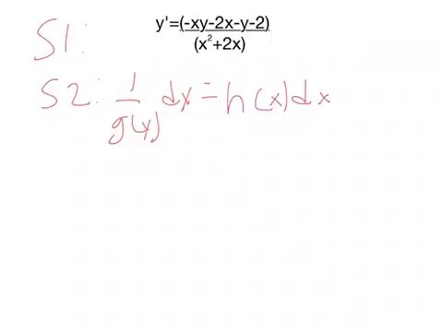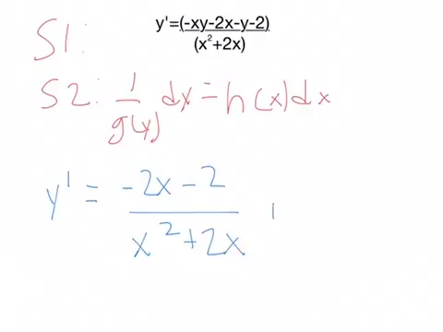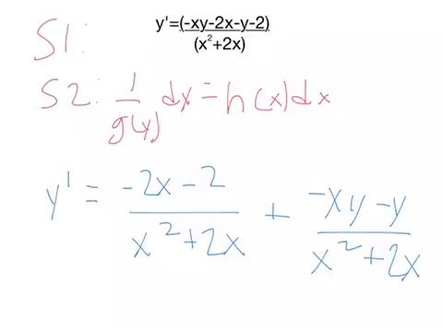I rewrote that to be y prime equals negative 2x minus 2 over x squared plus 2x plus negative xy minus y all over x squared plus 2x.